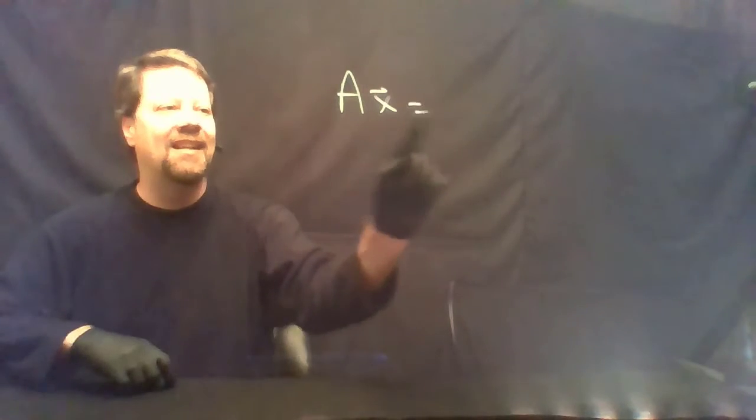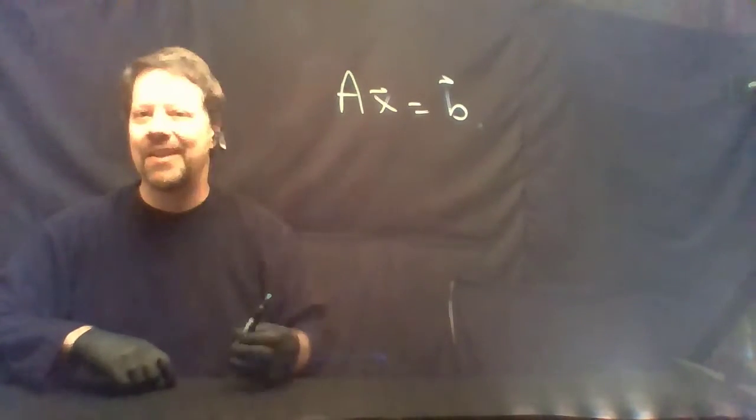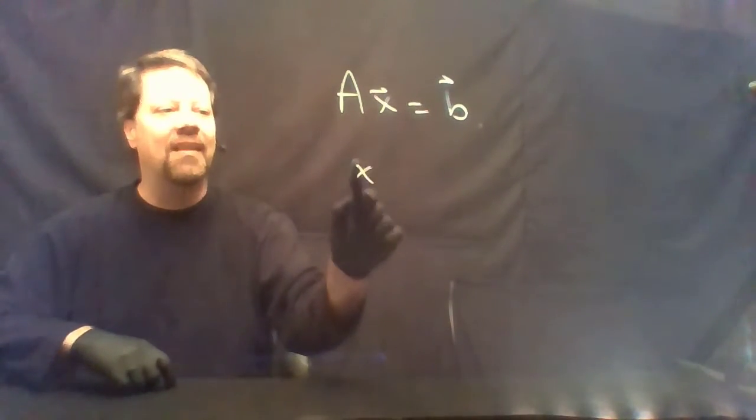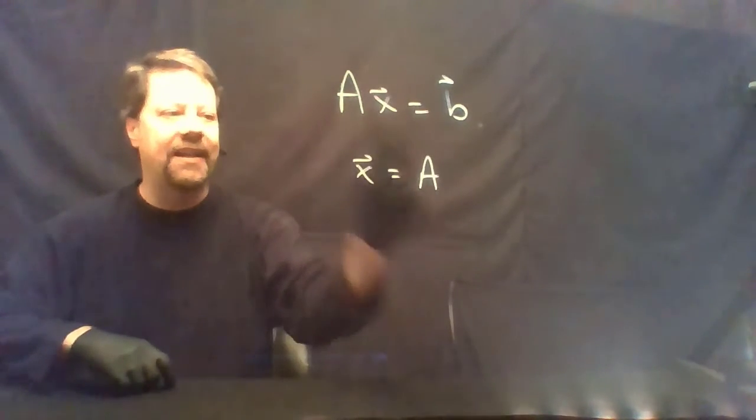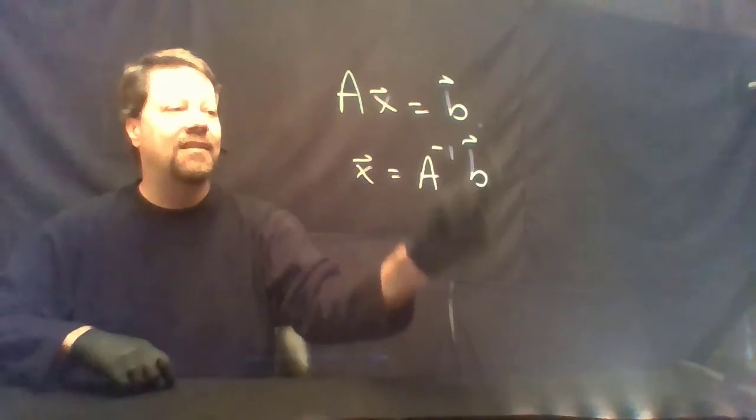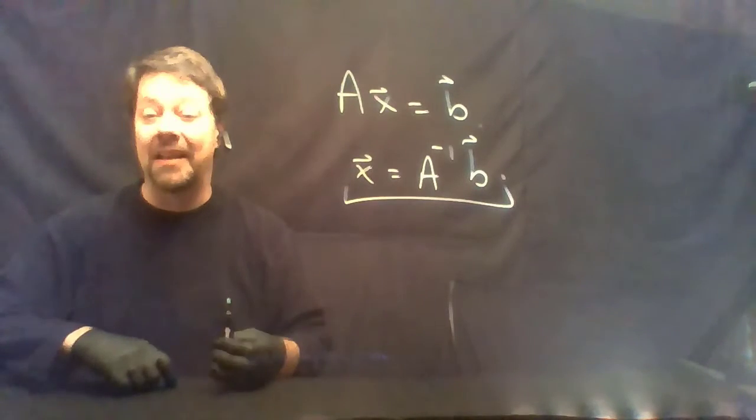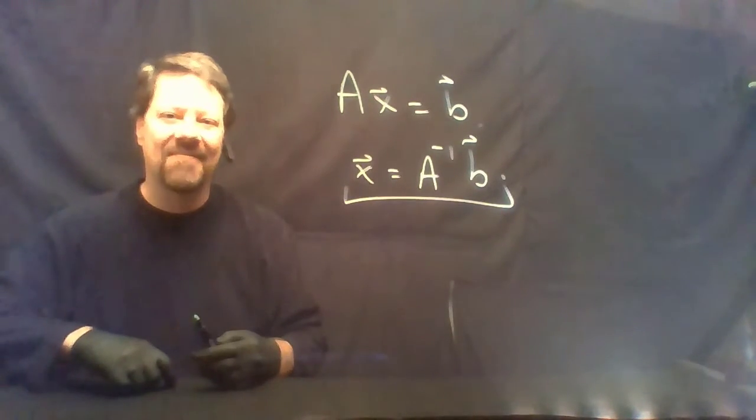We are going to spend some time this semester solving linear systems of equations, and all of those linear systems can be expressed as a matrix equation AX equals B, and these will have solutions provided A is invertible of the form X equals A inverse times B.